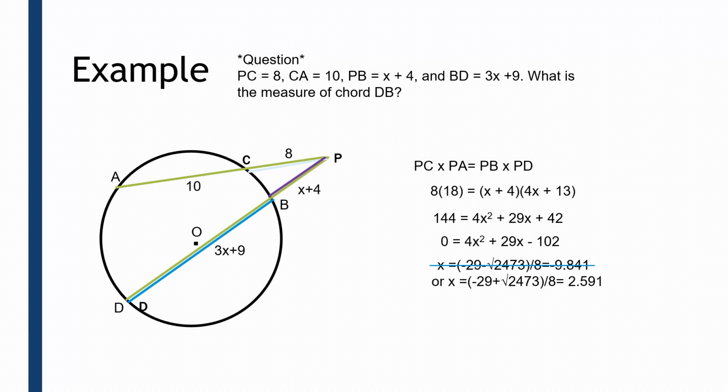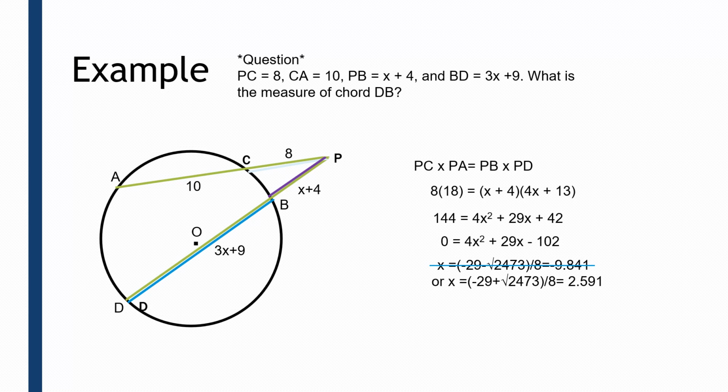So our x is negative 9.841 or 2.591. But since x is a length and could not be a negative number, our x is 2.591.